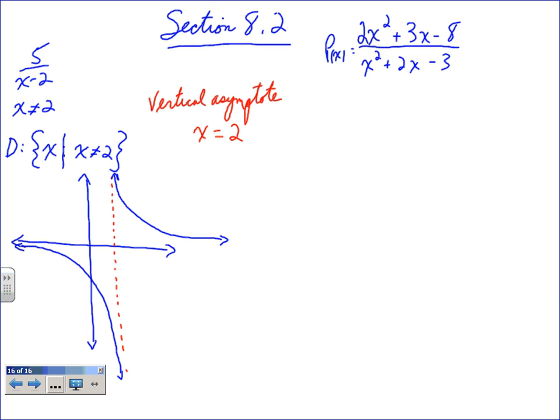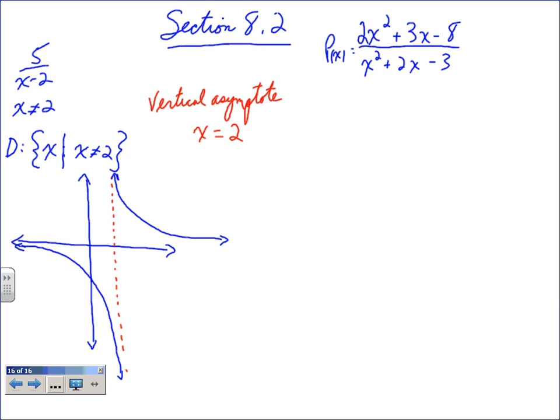And while we're talking, let's find horizontal asymptotes as well. So first of all, the vertical asymptotes. It's the same as your domain. What can x not equal? Whatever makes your denominator equal to 0, you can't use. So let's factor the bottom.